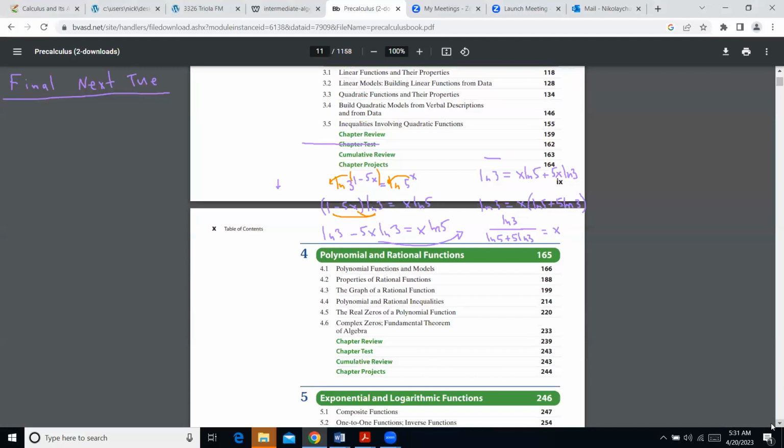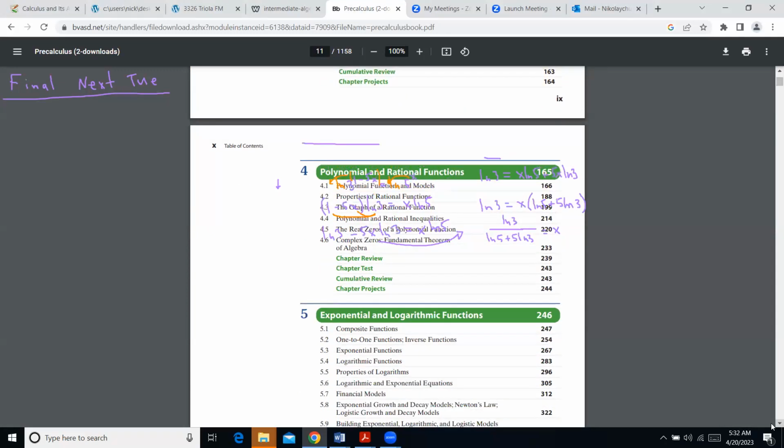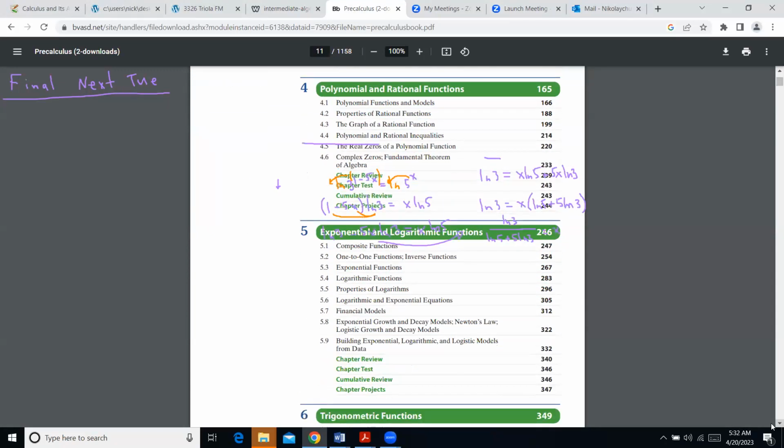So it will be coming from chapter 5, section 6. That's something that we already looked at quite a bit last time. So we have section 5.6, one of the key sections for the final.